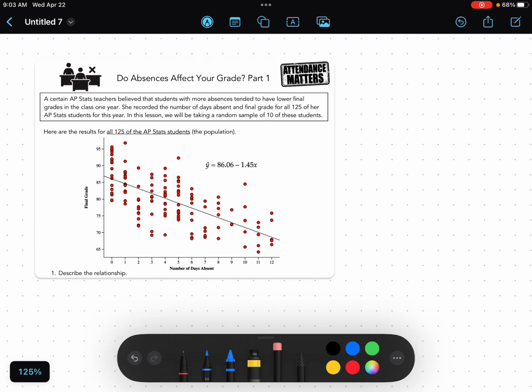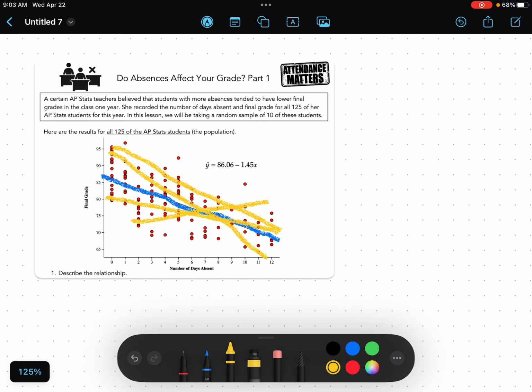We looked at if we have a true population regression line right here, but if we took just samples, we could get a whole bunch of different regression lines from here. We might even be able to get a positive one. It'd be pretty rare.